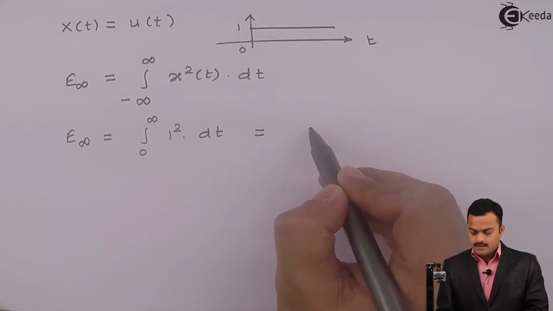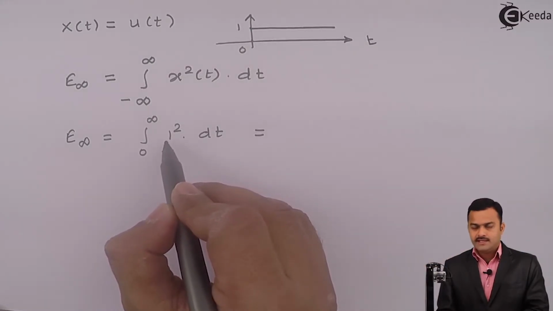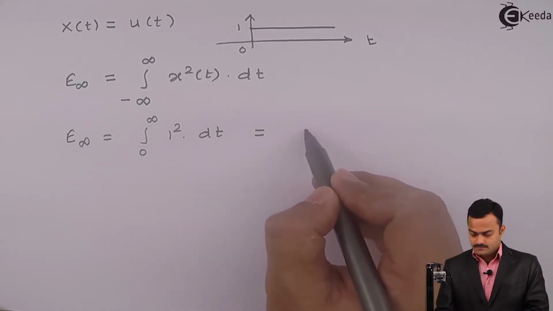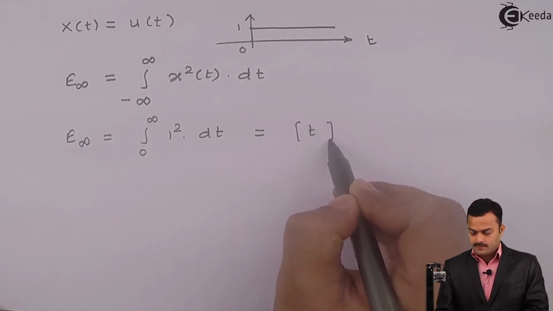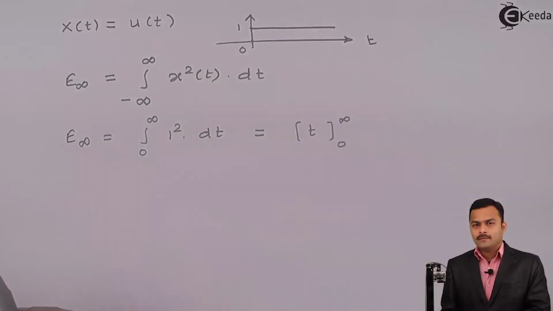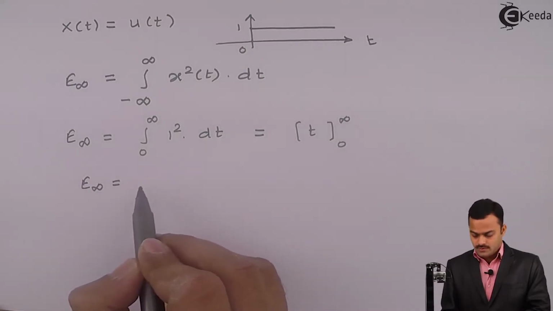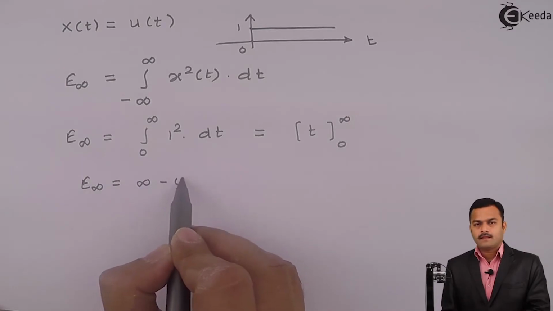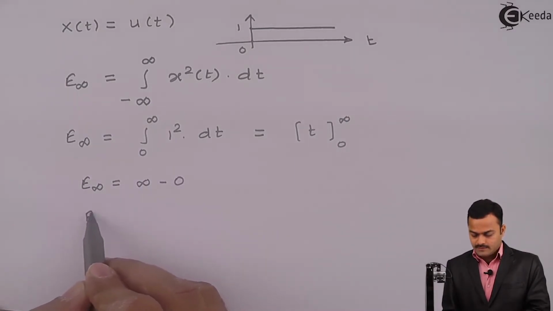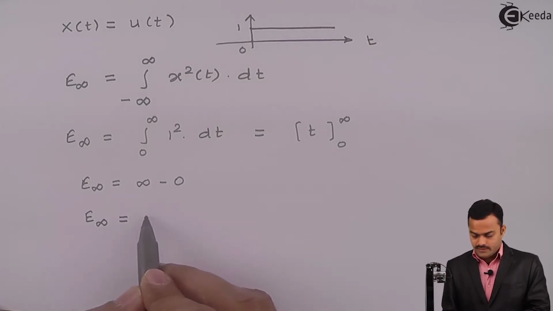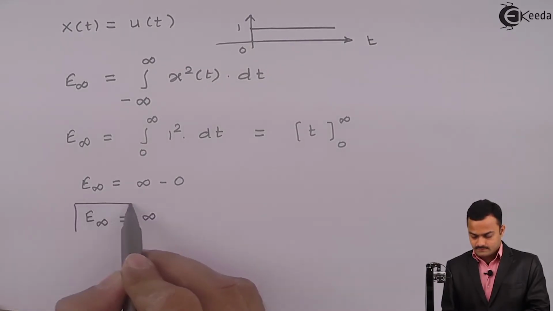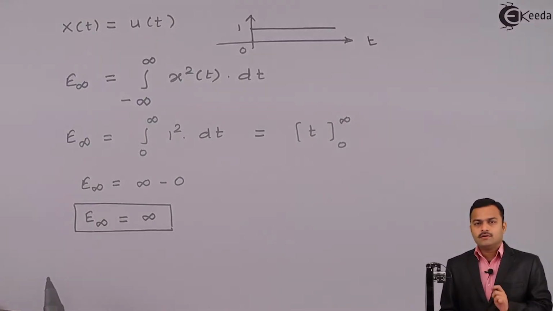Inside the integral we have dt, whose integration is t, and to this we apply the limits. The upper limit is infinity and the lower limit is 0, so it is infinity minus 0. As we know, whenever infinity comes in the calculation, the final answer is infinity. So the signal energy is not finite, and pertaining to this, I can say the given signal is not an energy signal.